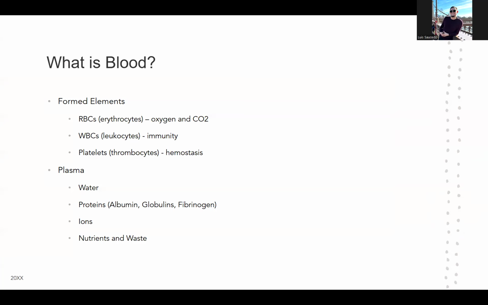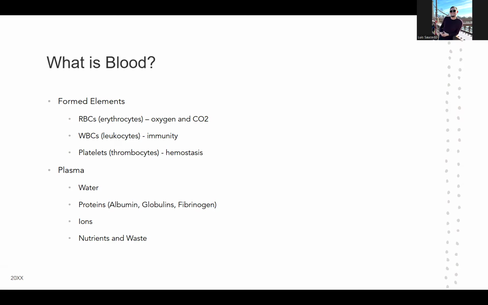So blood is made up of two bigger things we call formed elements and plasma. Formed elements are the cells, specifically the red blood cells or erythrocytes, the white blood cells or leukocytes, and the platelets or thrombocytes. Usually when you donate blood, it's the formed elements that you are donating.